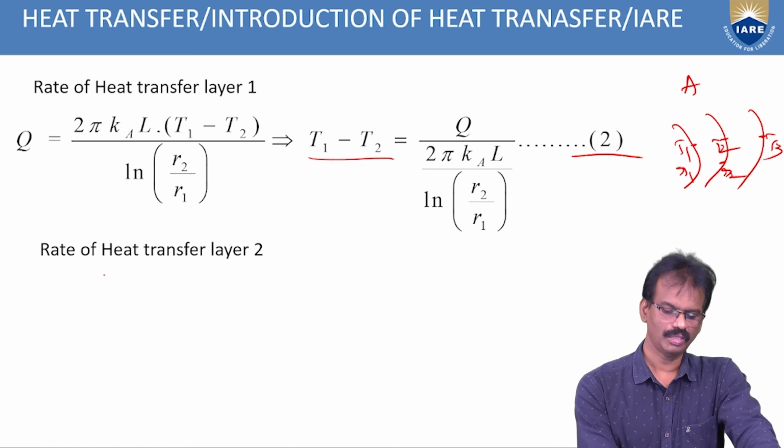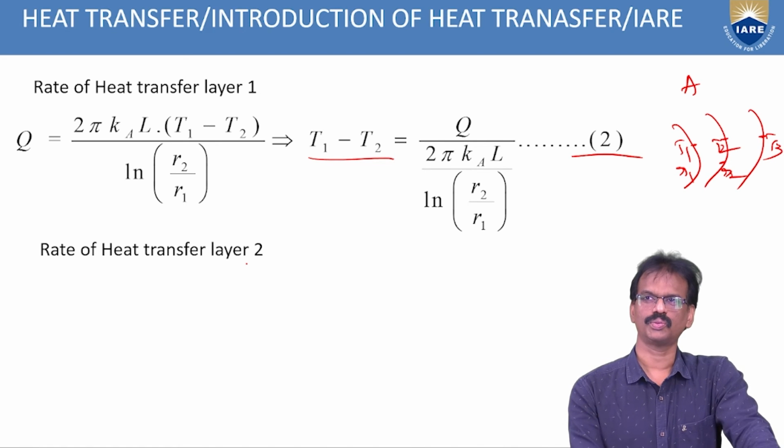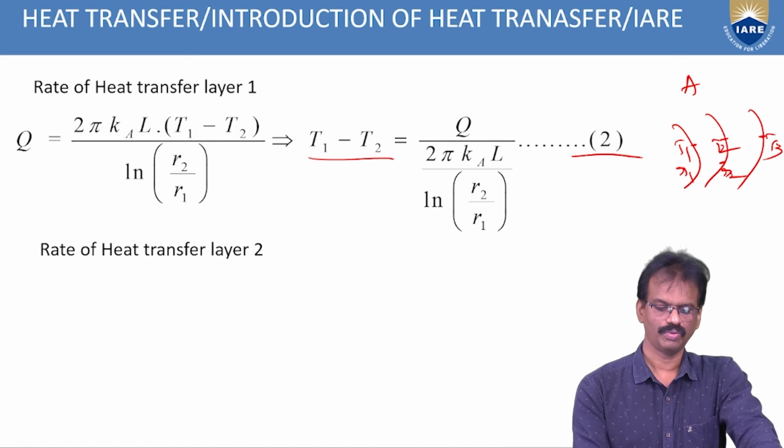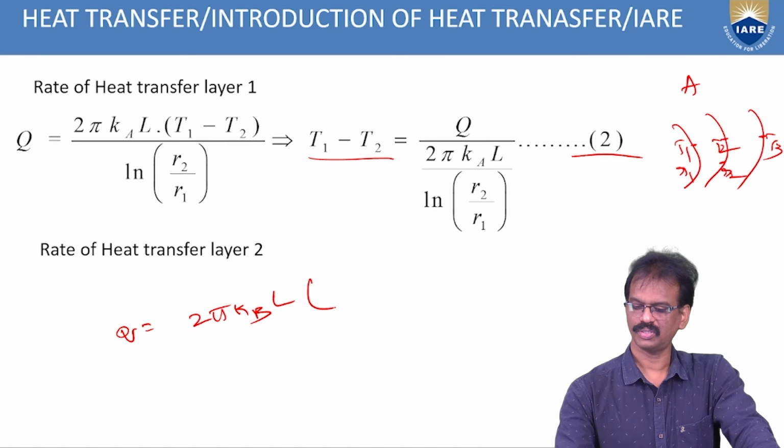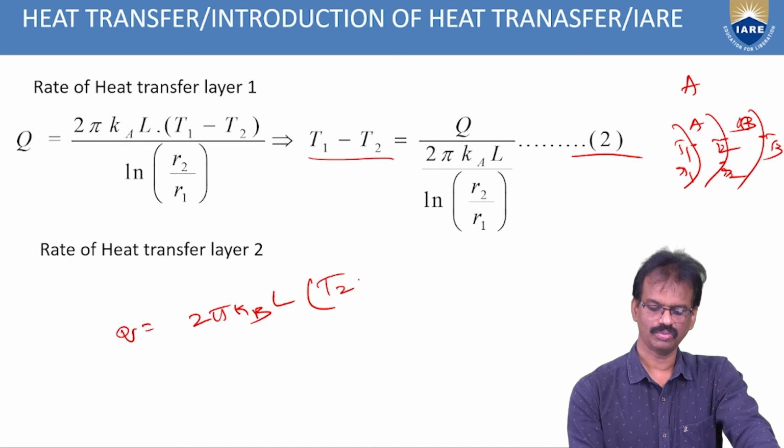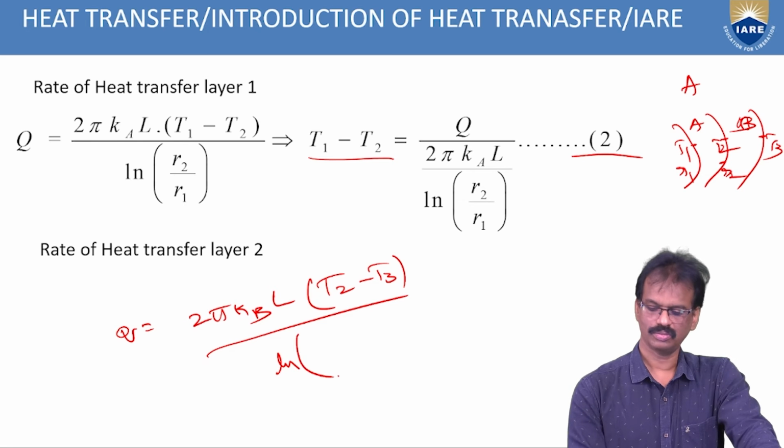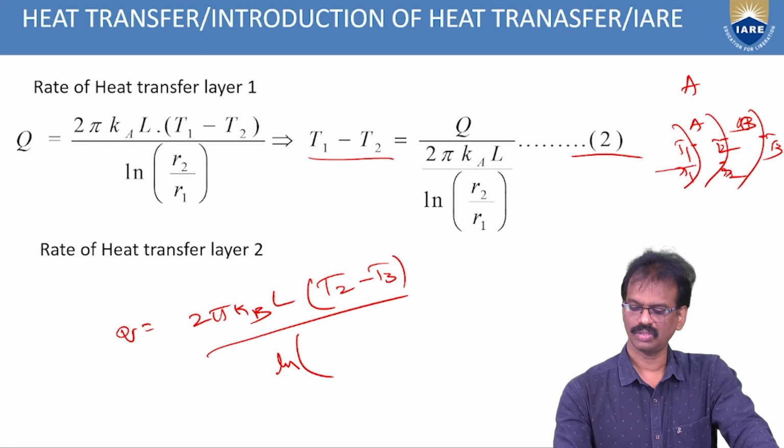In a similar manner, the rate of heat transfer in layer 2. You know that formula: Q is equal to 2 pi KB, the second layer, into L into the temperature difference for the second layer. This is layer B, this is layer A. It means the temperature from T2 to T3. So the temperature difference is equal to T2 minus T3 by the radii. Up to here R1, R2 and R3.